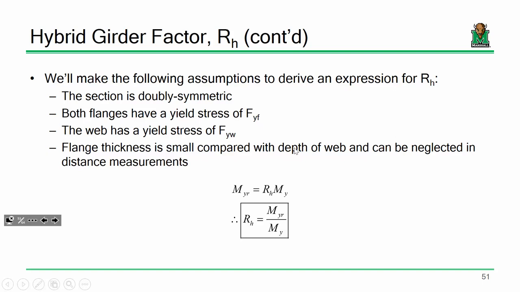So the whole point is looking at a girder with two different yield stresses. The flange thickness is small when compared to the web depth. So when we do our moment arms and distances, I'm going to assume that that flange thickness is 0, and it's going to make my life a lot easier here in a second. And the goal is to try and compute this reduced yield moment.